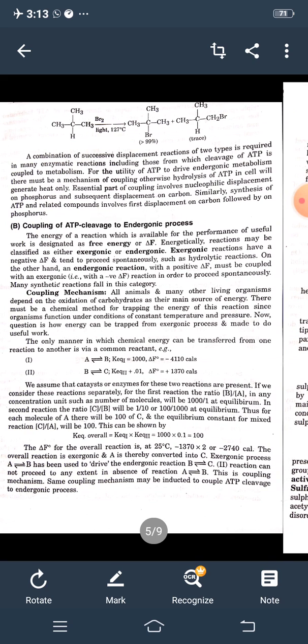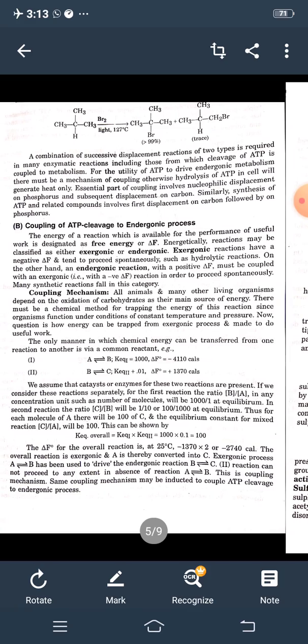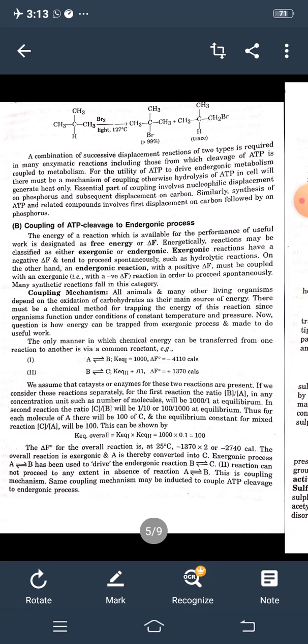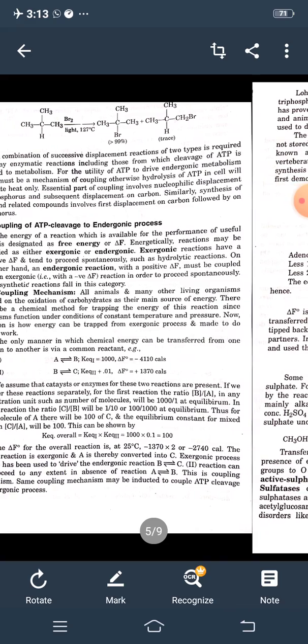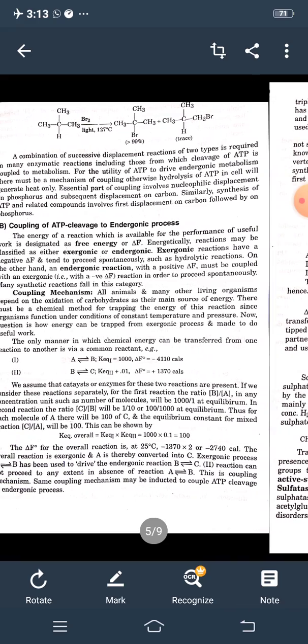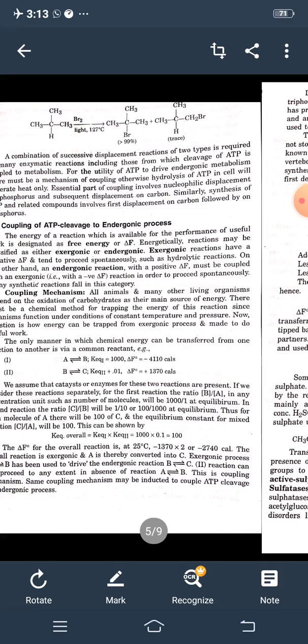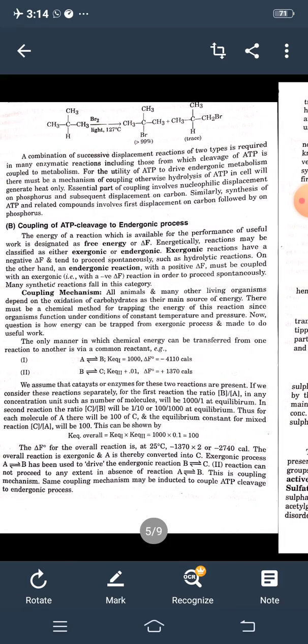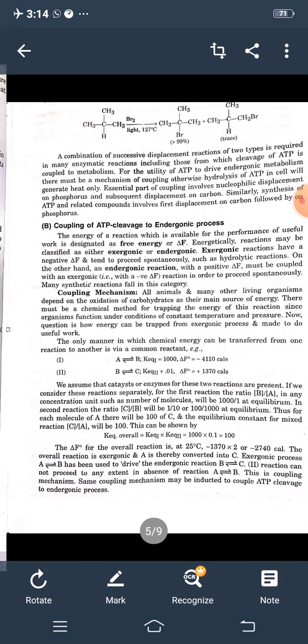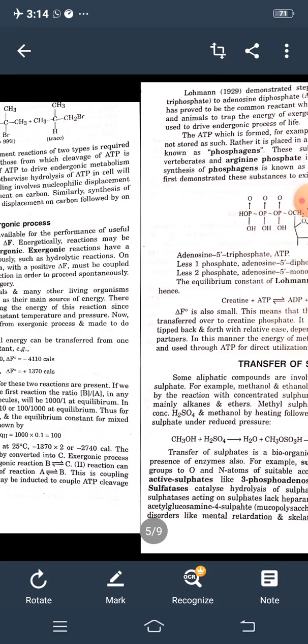So A is thereby converted into C, and this reaction A to B has been used to drive the endergonic reaction B giving rise to C, and this reaction can be preceded by the reaction A in equilibrium with D. This is the coupling mechanism. The same coupling mechanism may be applied to ATP cleavage to endergonic process.